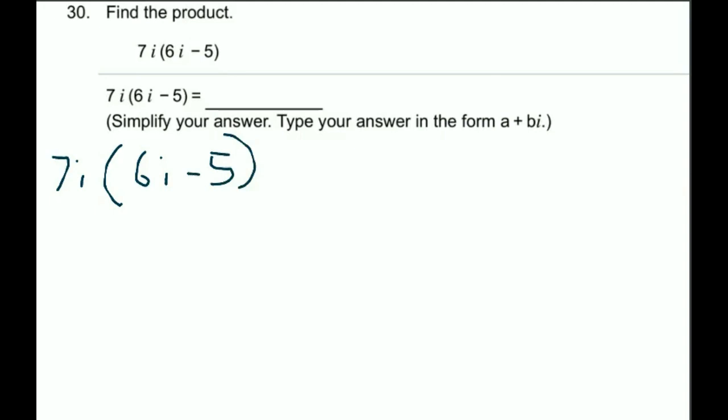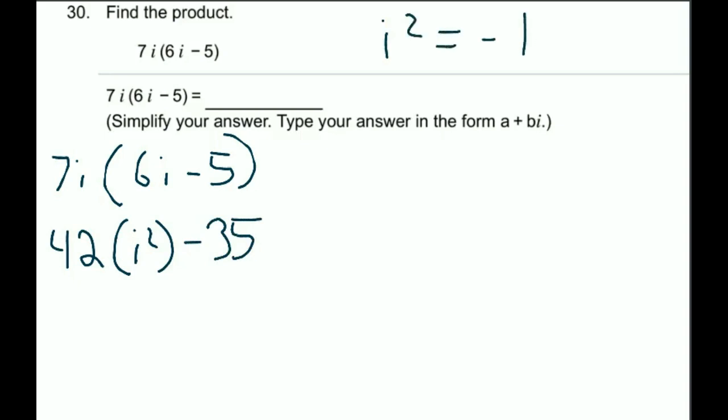So 7 times 6 is 42, and then i times i is i squared. Then 7 times negative 5 is negative 35. Remember, i squared equals negative 1. So we replace that i squared with negative 1, 35i, I left that out.